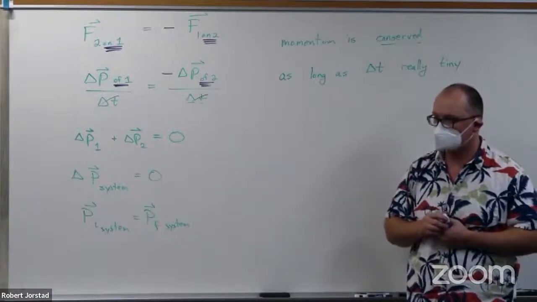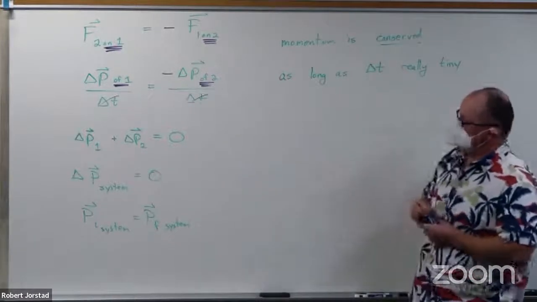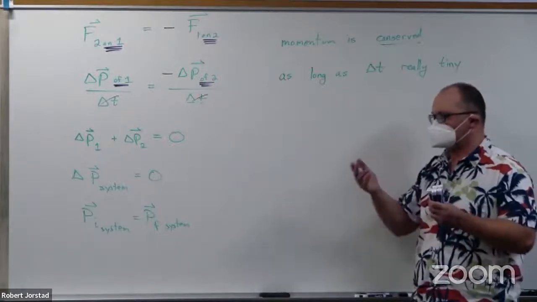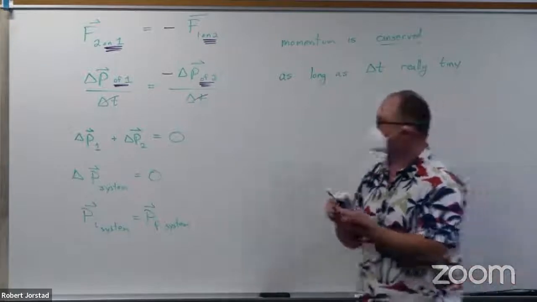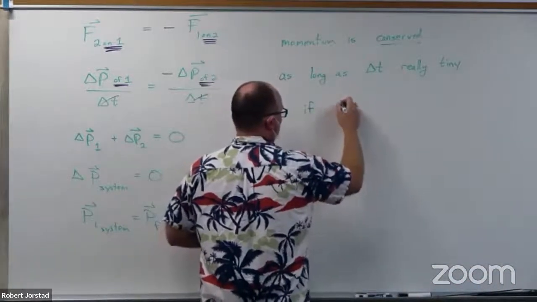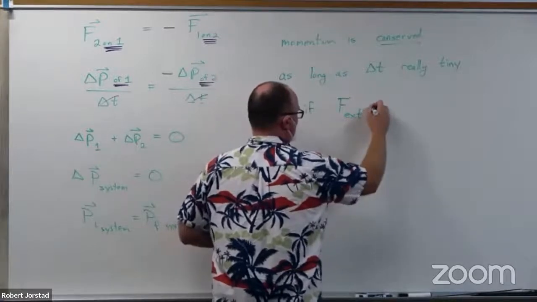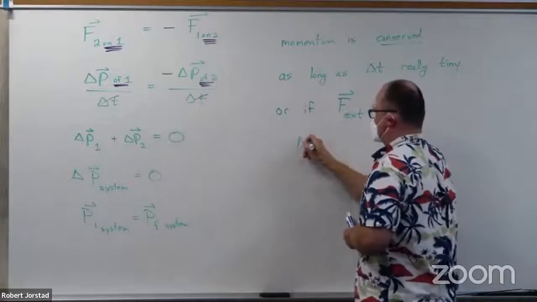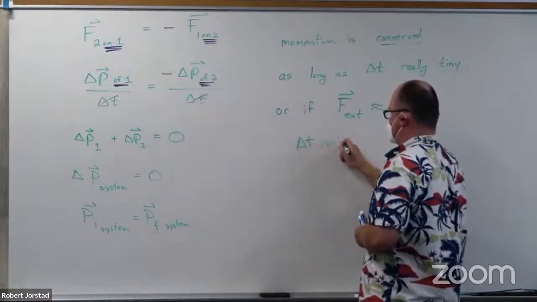Yes? With friction? Yeah, so that's what's interesting. If there's external forces, that's actually the next thing. Or if the external force is approximately 0, delta t can be long.